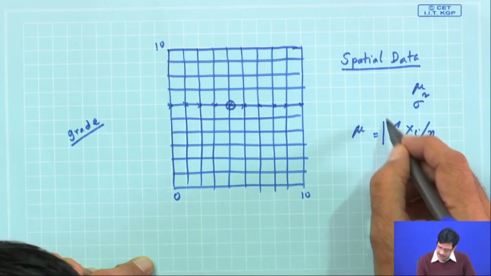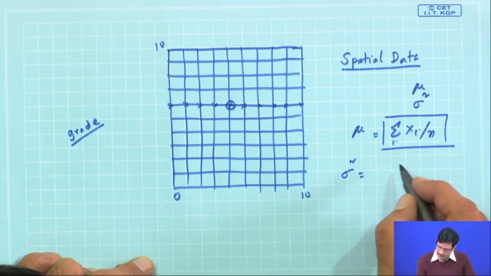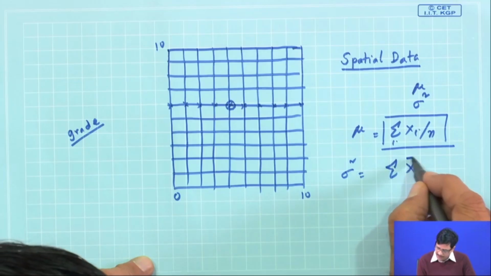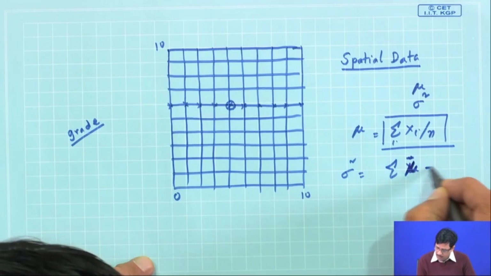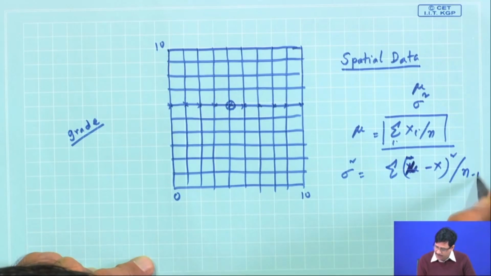So, this gives us the mean, and when we talk about sigma square, it is the sum of mu minus x, squared, divided by n minus 1.